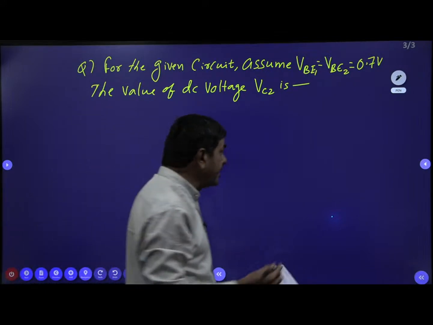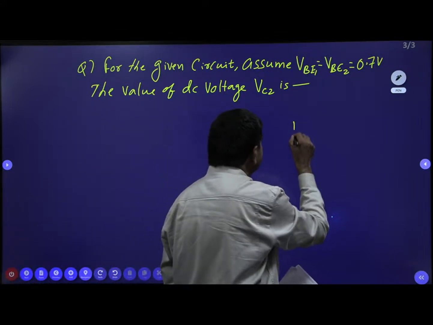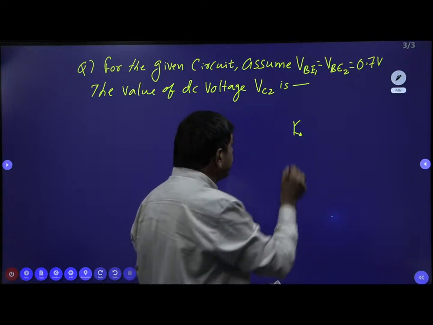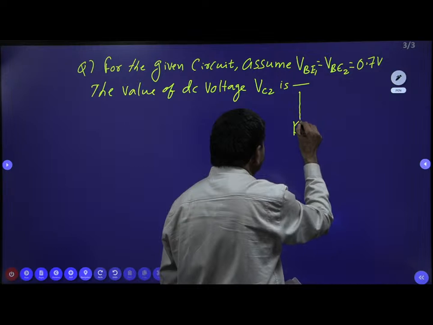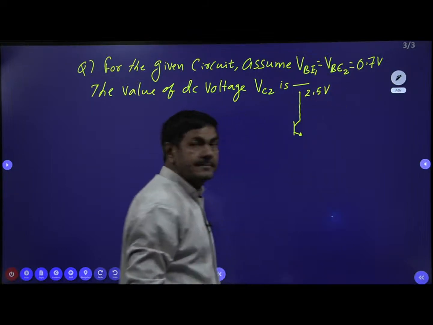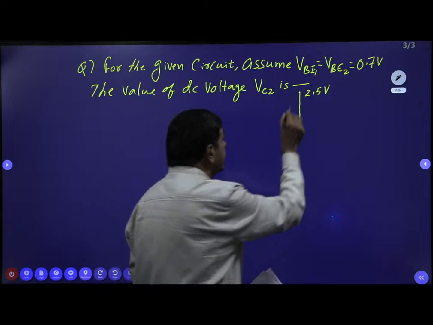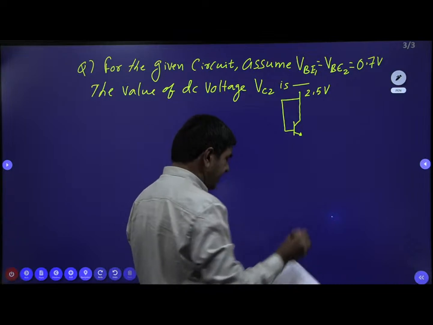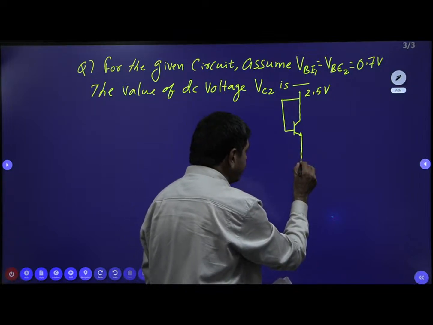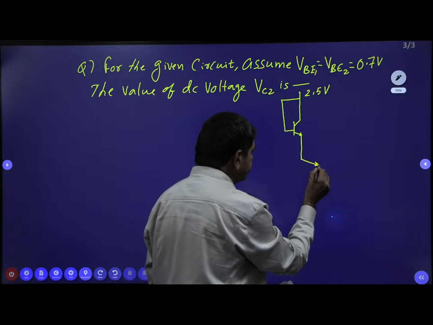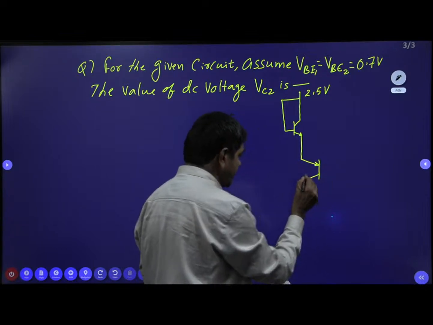Two transistors are given. The first transistor is given like this. This is connected with the 2.5 volts. This is directly connected to the base. And this is again connected to one more transistor.